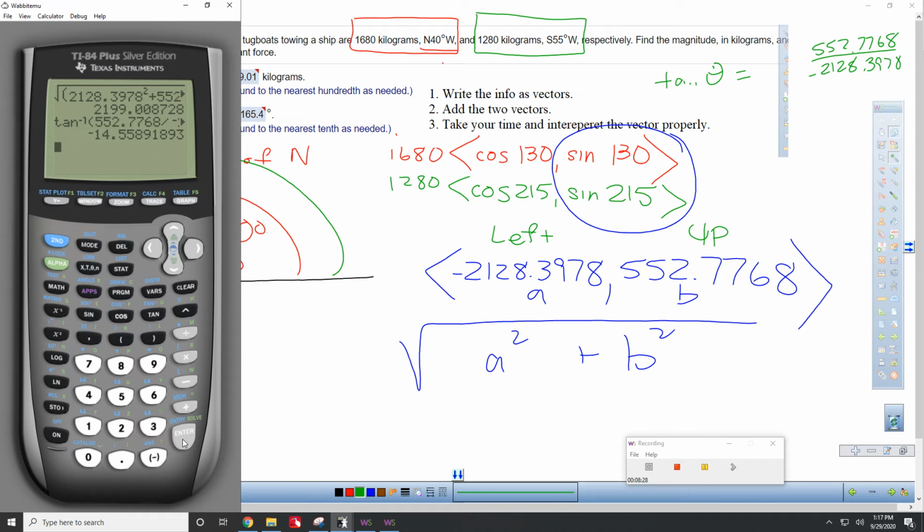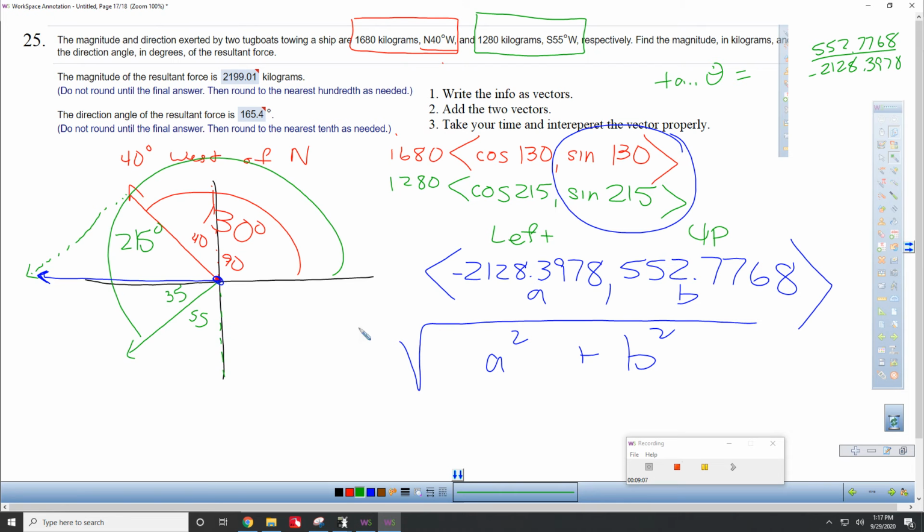Now it doesn't know where it's at, so it tells you that it's negative 14.55 degrees down this way. But you know that what it really is, it's this way. That's why you have to sketch this figure to figure out which quadrant it's in. So then to interpret the actual direction angle, you have to do 180 minus 14.58, and that's how they give that. Tough question. Boom!